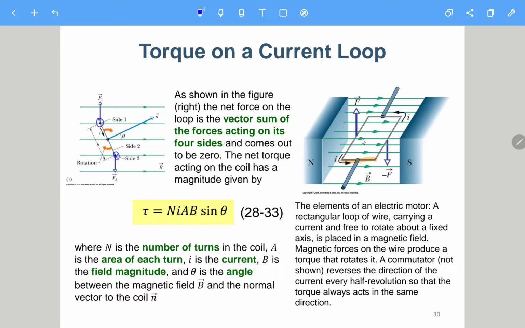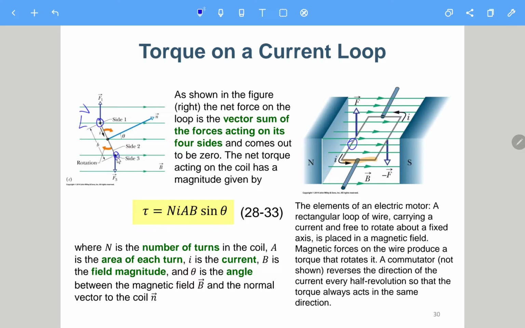So for this one, L cross B, L pointing out of the page, B pointing to the right side, L cross B is pointing upward. So F1 is pointing upward, acting on this wire.